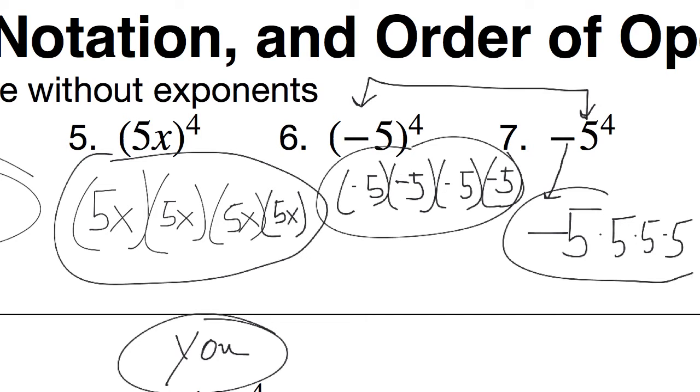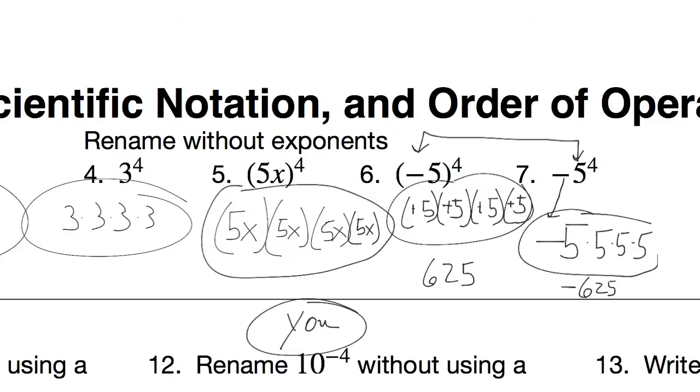And it makes a big difference, because here, when you multiply all this out, you get negative 625 as the actual answer. But here, these 2 negatives cancel, and because there's an even number of negatives, they all cancel out, and you're left with positive 625. So the difference between parentheses could mean the difference between whether the answer is positive or negative.